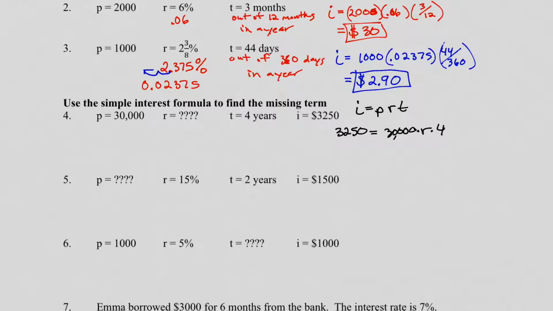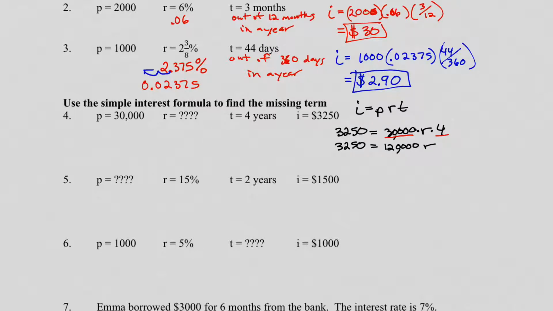Okay, so we want to go ahead and simplify. We want to go ahead and multiply these two right here. So 30,000 times 4 is 120,000.